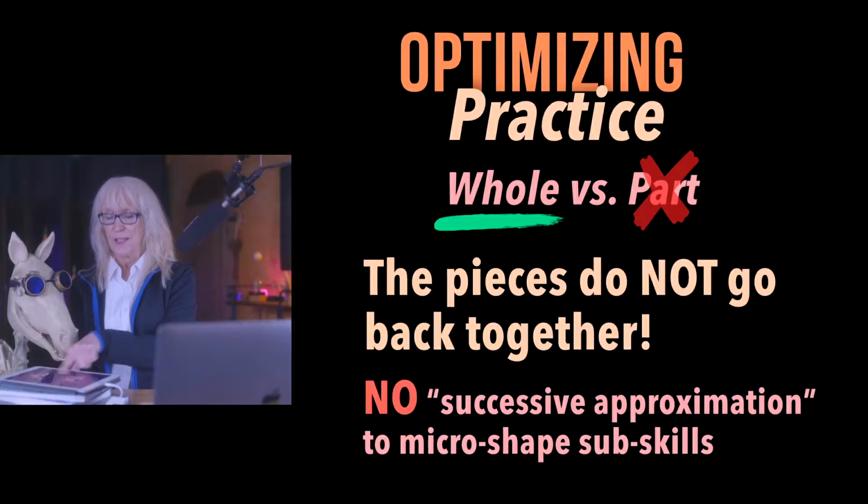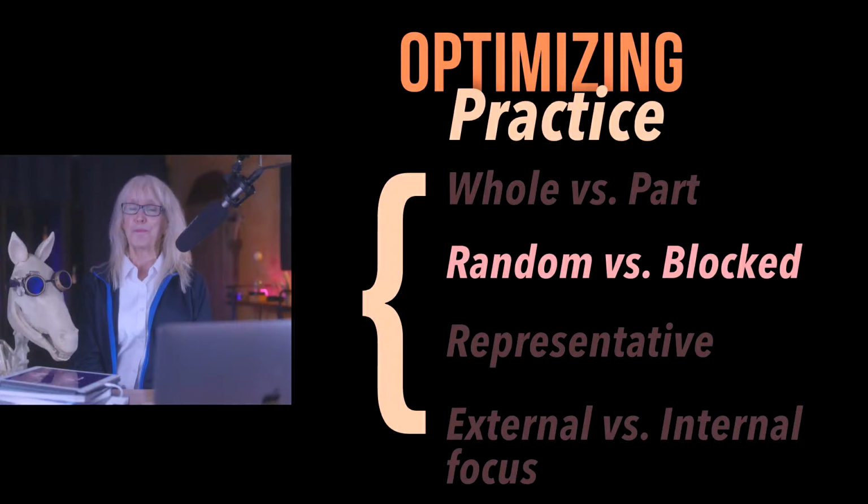Okay. The next one is random versus blocked. And you've probably all heard about this, maybe for cognitive skills. And it also might be called massed versus random versus spaced, there's all sorts of terminology around the way that we try to acquire information.